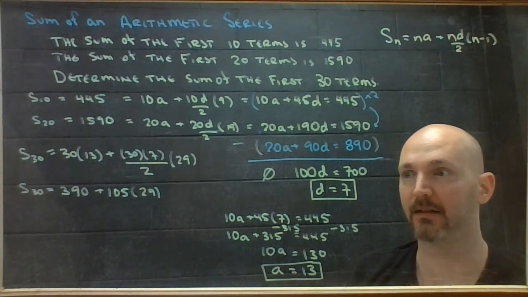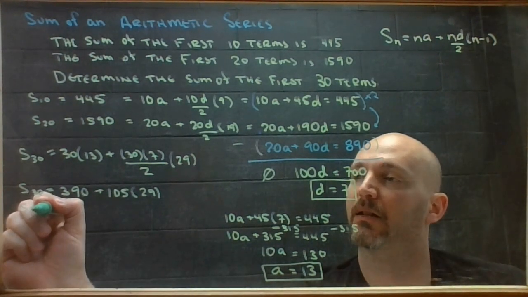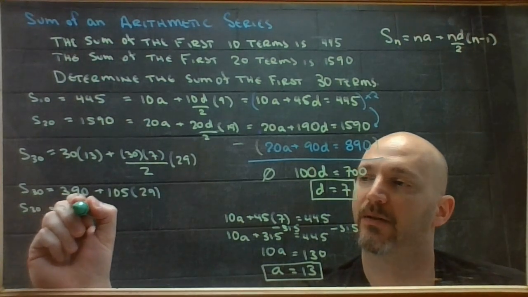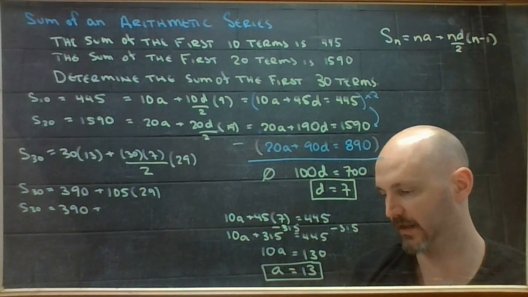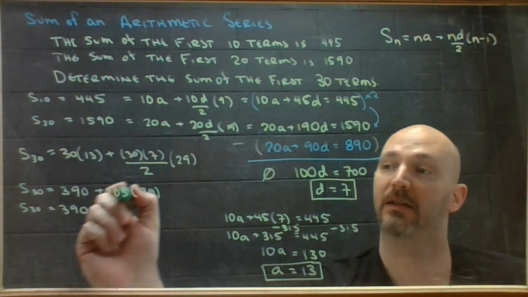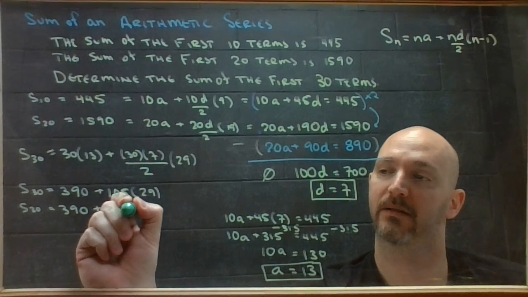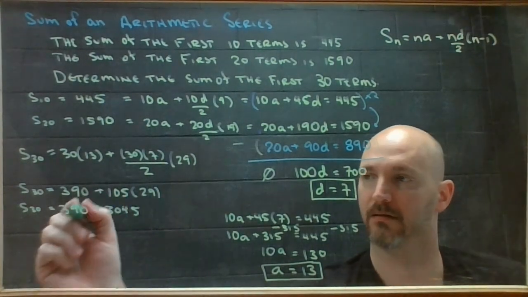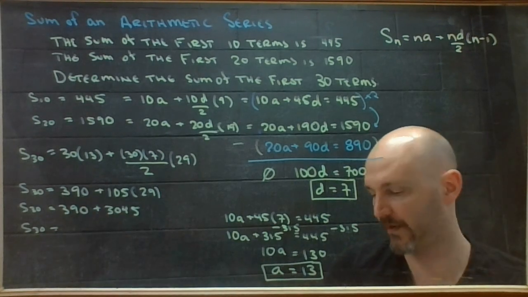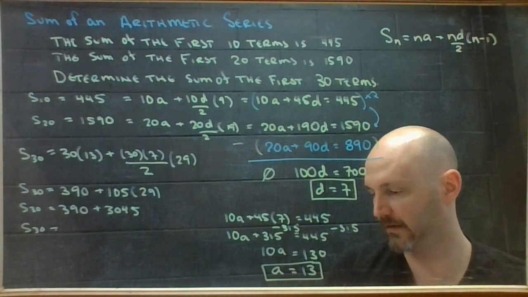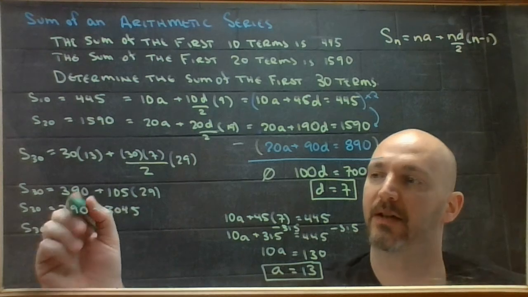We're killing it today. All right. 390 plus 105 multiplied by 29. I'm not going to push my luck trying to do that one in my head. And 3045 plus 390 gives me 3435.